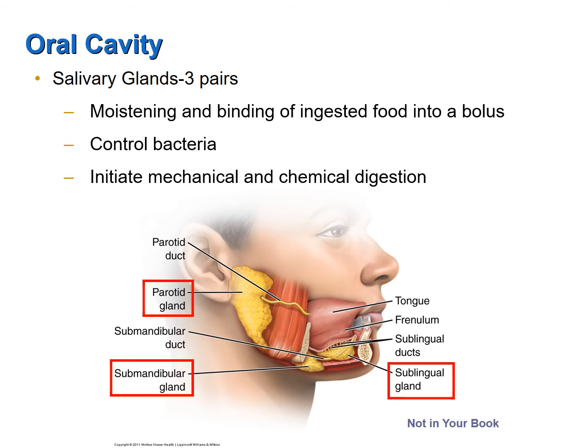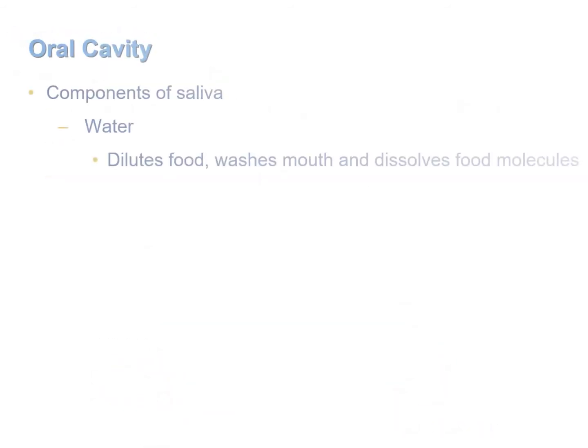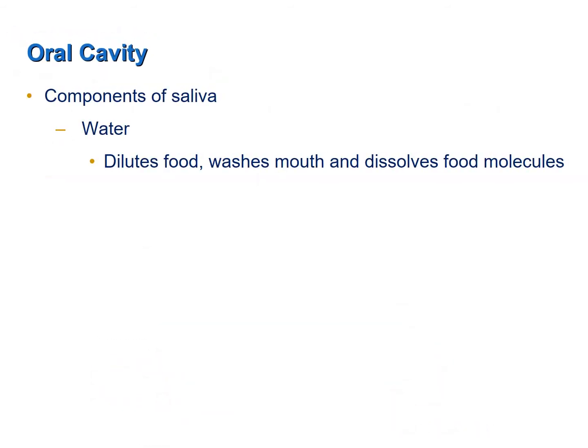Let's now look at the components of saliva. If we look at the components of saliva, you are probably not surprised to learn that the most abundant component is water. The purposes of water include diluting the food, washing and rinsing the mouth, and also dissolving the food molecules for mechanical and chemical digestion.